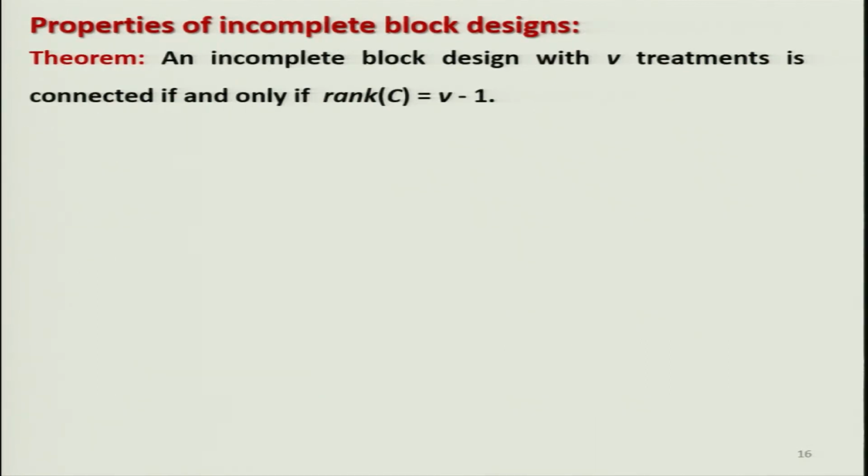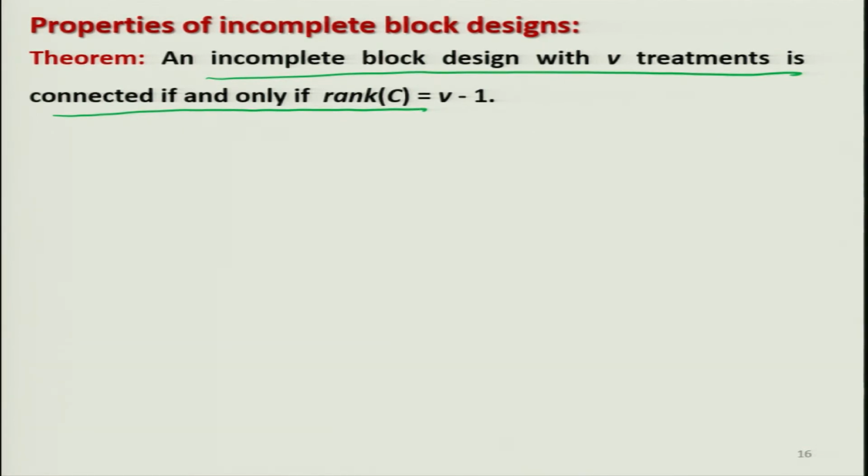Now we have a very important result here, and this theorem says that an incomplete block design with V treatments is connected if and only if the rank of C is equal to V minus 1.